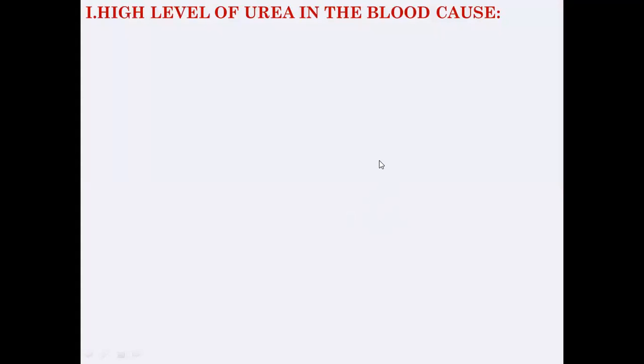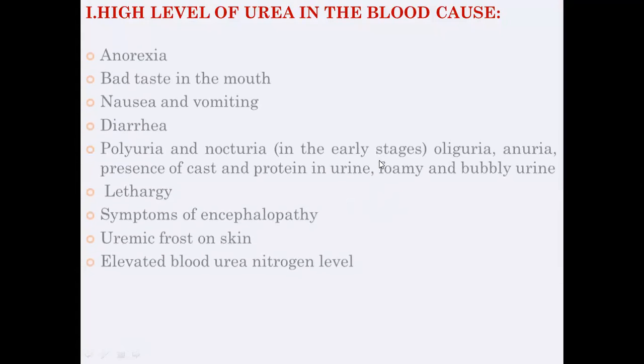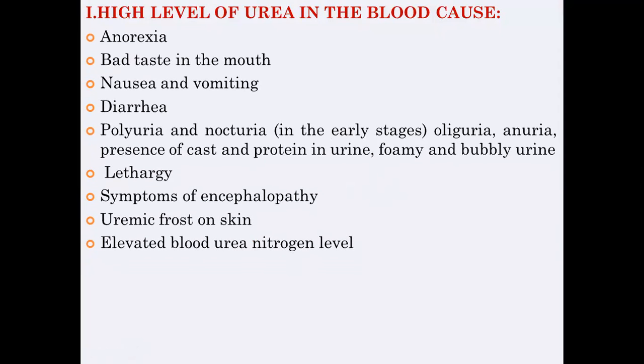First, high level of urea in the blood causes symptoms like anorexia, bad taste in the mouth, nausea and vomiting, diarrhea, polyuria, and nocturia. Nocturia means excessive passing of urine at night.